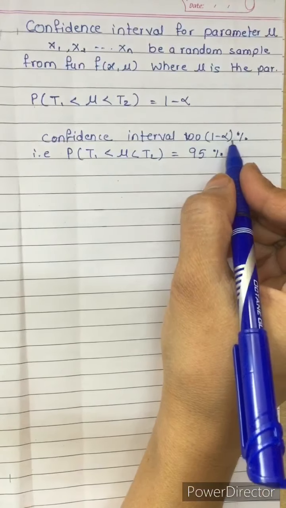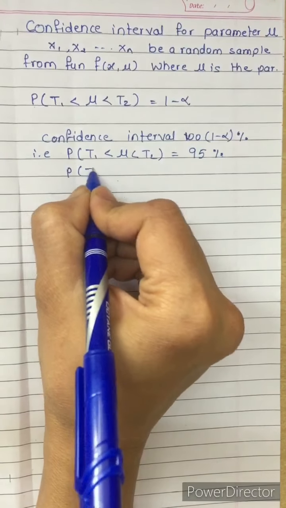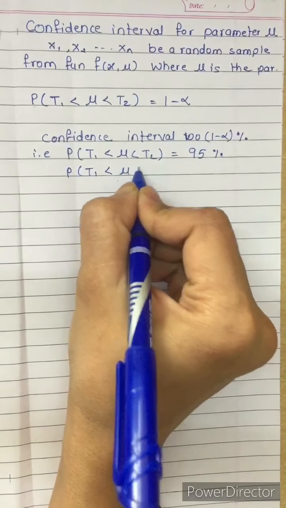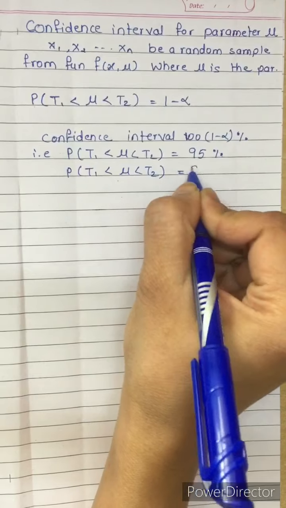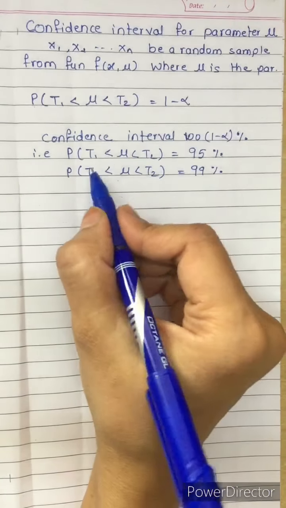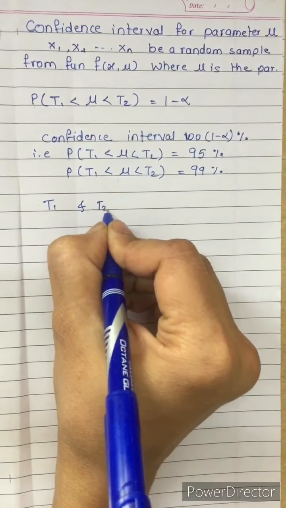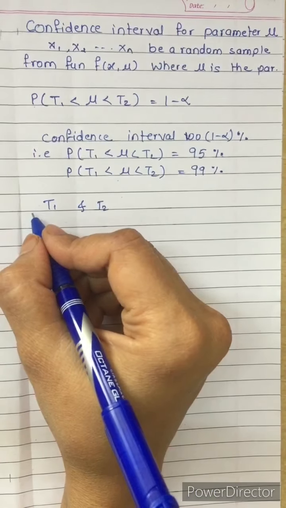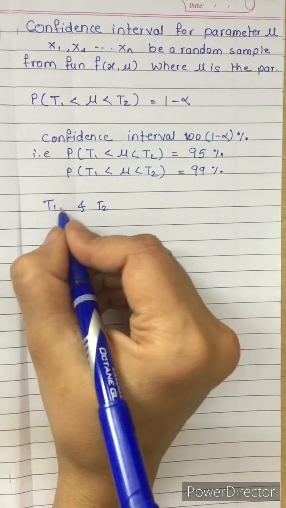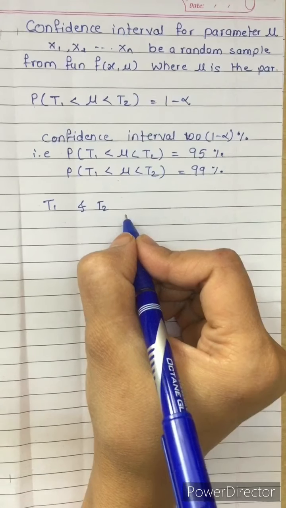Or if your level of significance alpha is 1%, then confidence interval at 99% we can calculate. Here T1 and T2 are the lower confidence boundary or lower confidence limit, and T2 is the upper confidence limit.